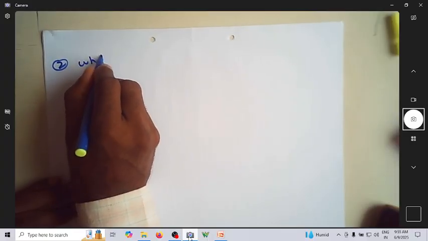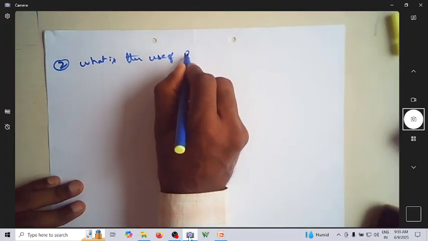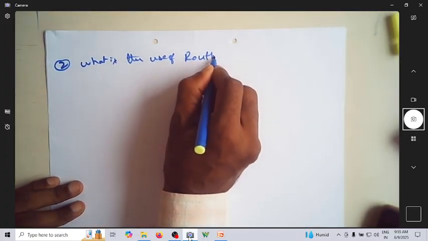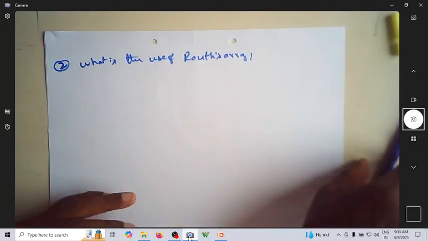Second question is, what is the use of the Routh array? So why do you need this Routh array?